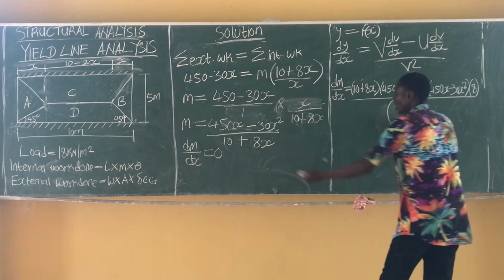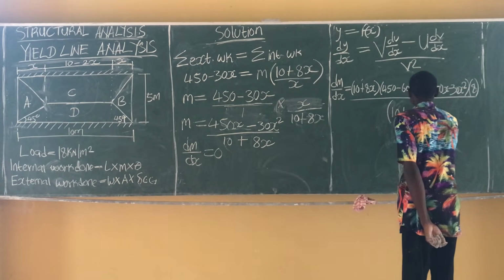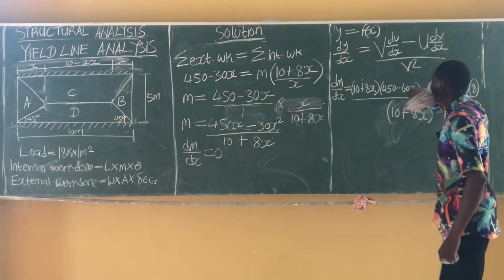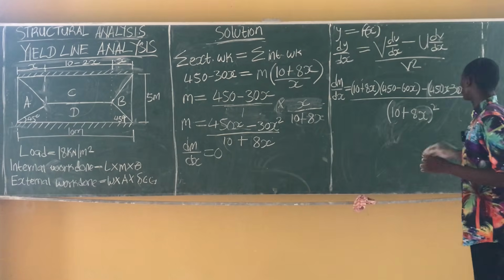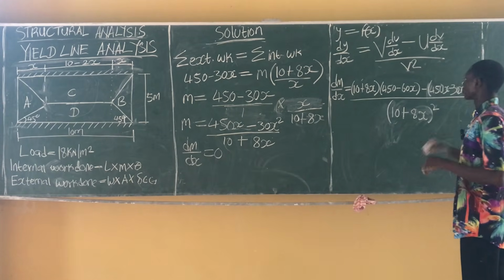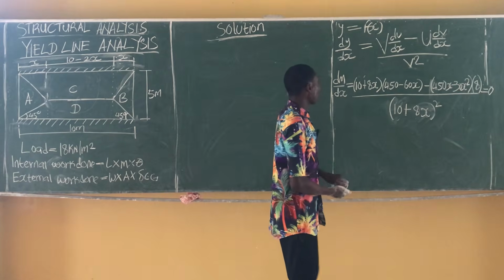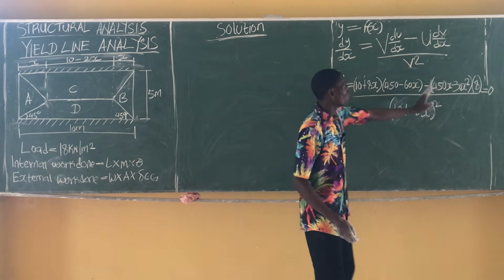Our v is our denominator, (10 plus 8x) all squared. Remember, differentiating the moment with respect to x, for maximum moment, will be equal to 0.